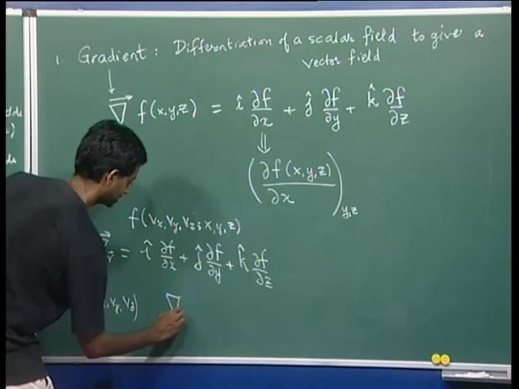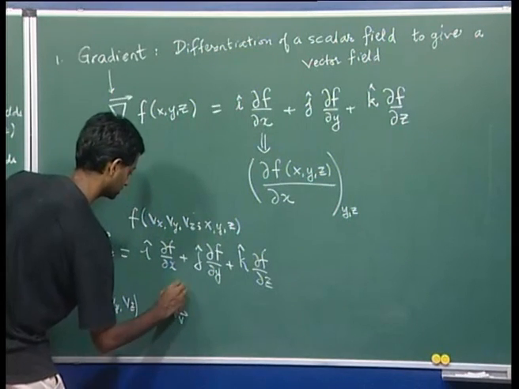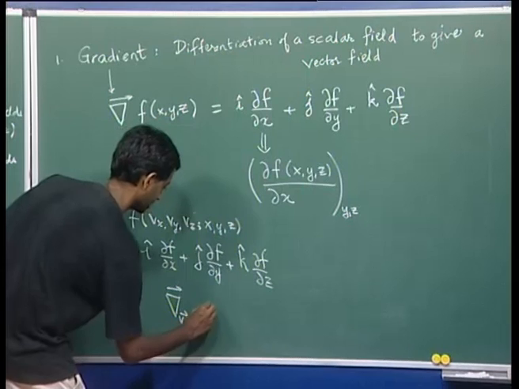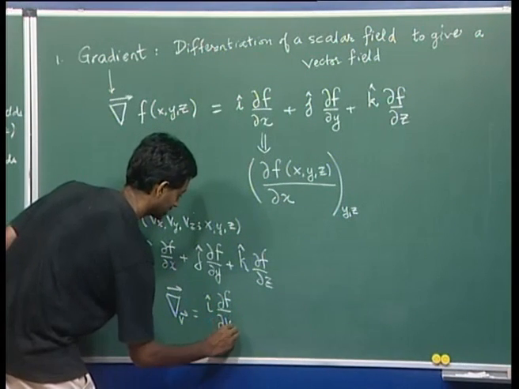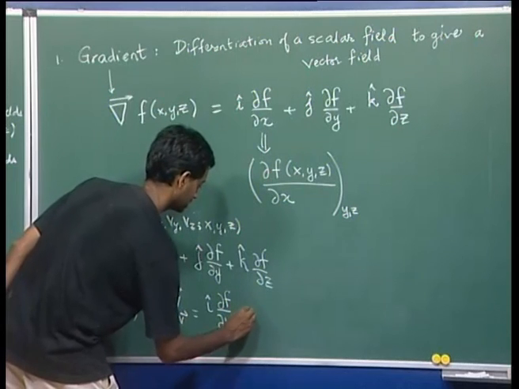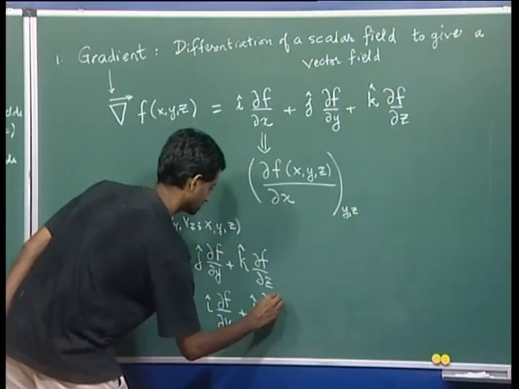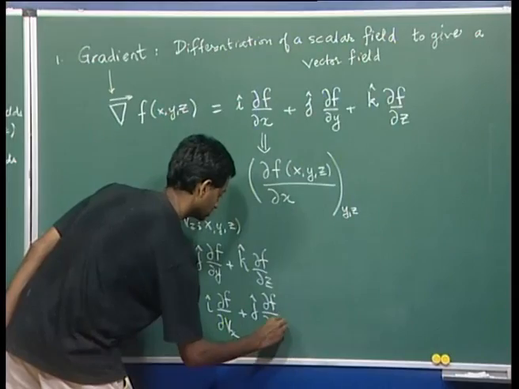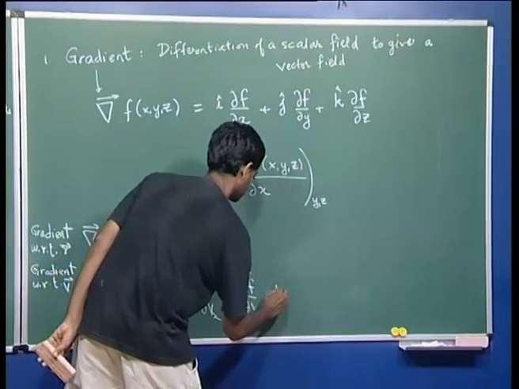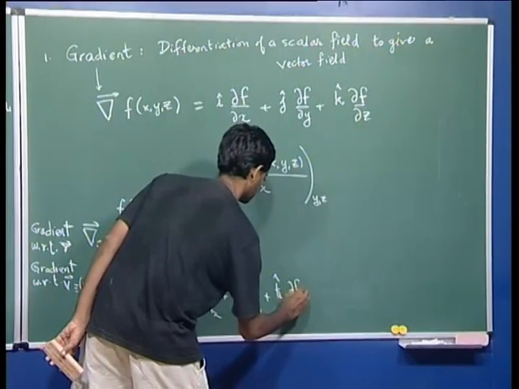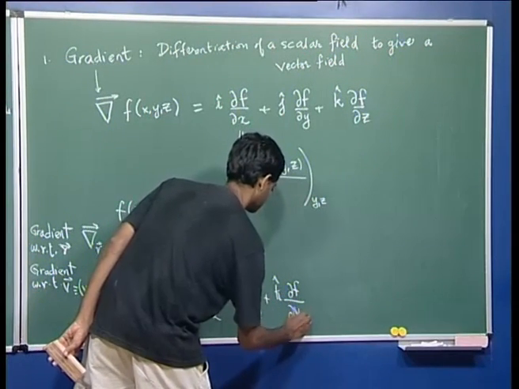So the gradient with respect to the v vector will be defined as i, now instead of taking the derivative with respect to x, you take the derivative with respect to Vx, plus j, up to Vz.